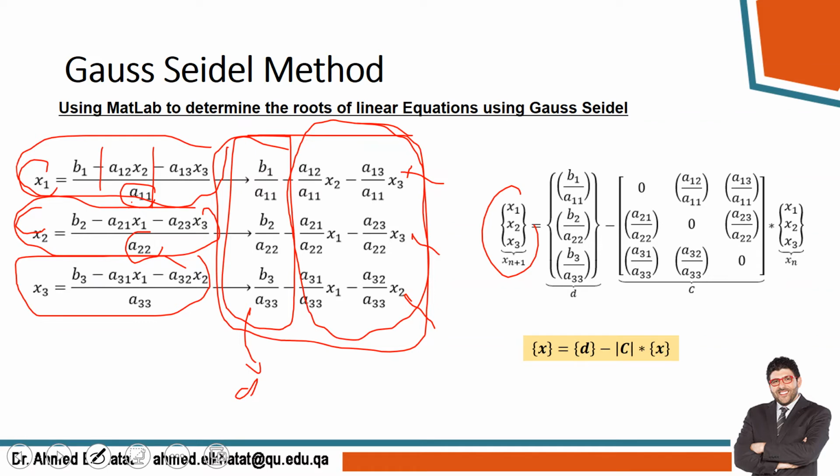So we can create a matrix with zeros on the diagonal, and here put x2 and x3, here x1 and x3, here x1 and x2, all multiplied by x1, x2, x3. So we get this equation, which is now applicable to be formatted in Matlab: X equals D minus C times X.